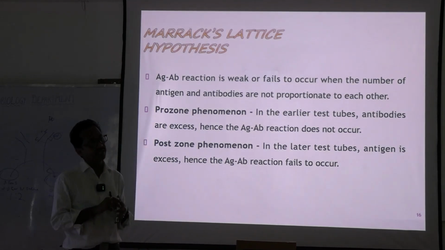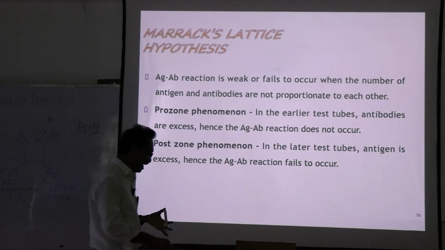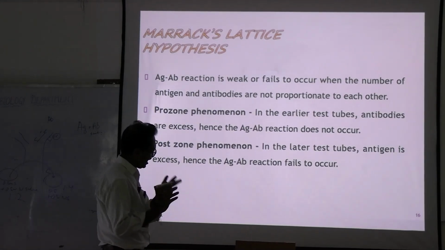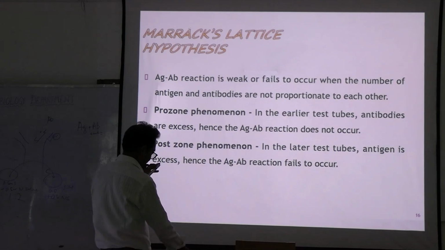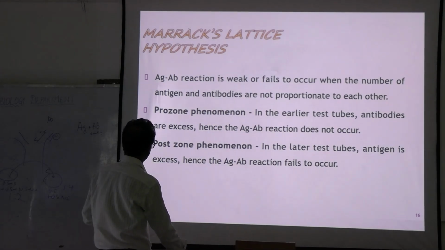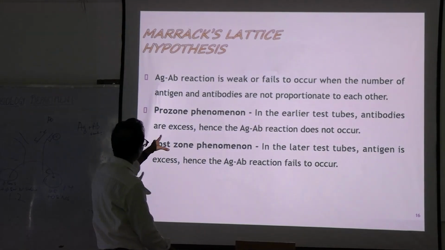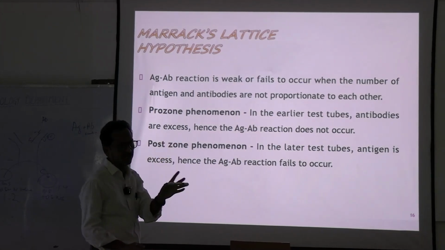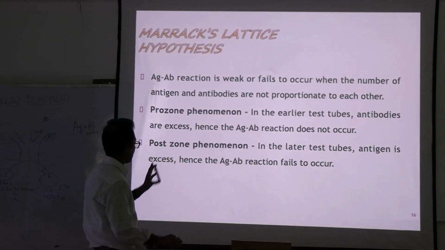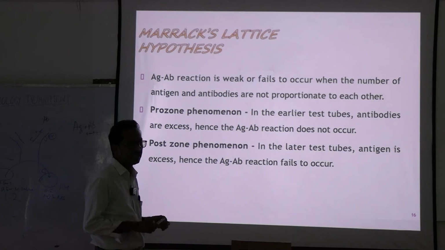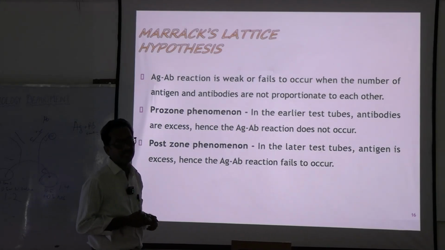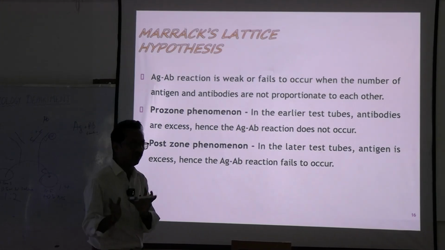And post-zone is the antigen excess. Antibody is very less, but antigen is in excess. So two phenomena; prozone phenomenon usually comes as a short note. You should remember prozone phenomenon, that is antibody excess, and it is corrected by addition of normal saline or dilution of the serum.